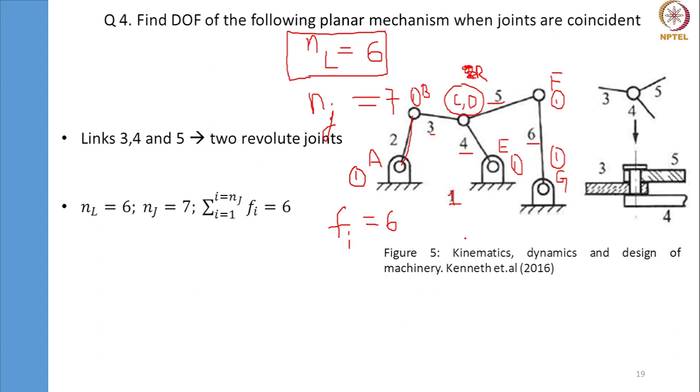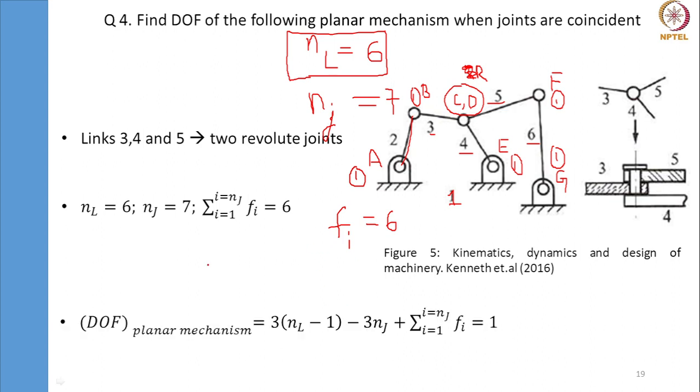Once we identify this, it is an easy job of putting it in the formula. The degree of freedom comes out to be 1. Only the number of joints we are going to consider as 2, but the degree of freedom at that point will be 1.